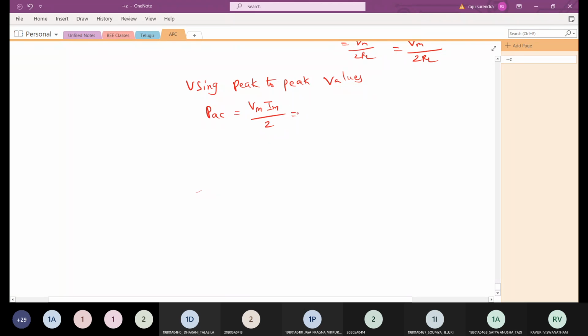Here Vm is nothing but Vpp by 2, and Im is nothing but Ipp by 2. So, Vpp multiplied by Ipp by 8. All of you understood? Yes, sir. And this Vm Im by 2 we obtained from the previous case using peak values.